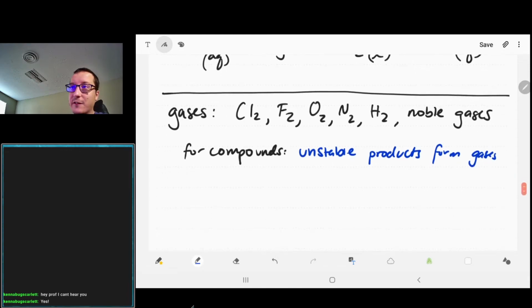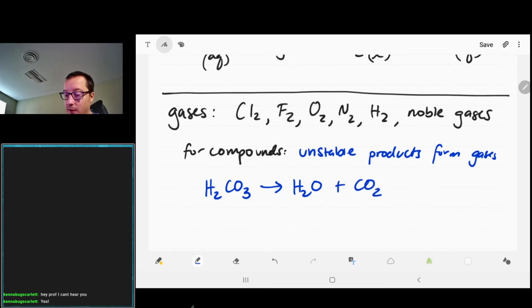And we're going to have a few of these. One of them is carbonic acid. We're going to see that this one will very quickly break down into water and carbon dioxide. This is the reaction that happens when you open a soda can, for example.